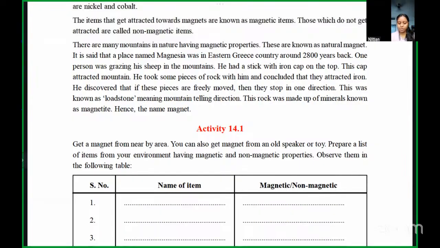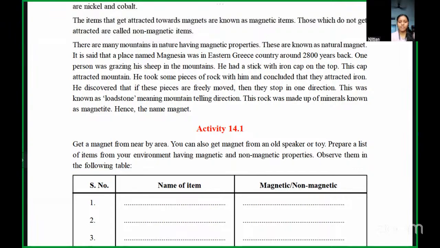He took some pieces of rock with him and concluded that they attracted iron. He also discovered that if these pieces are freely moved, then they stop in one particular direction. This was known as lodestone, meaning mountain telling direction. The rock that got attracted was made up of minerals known as magnetite. From there the name magnets came.